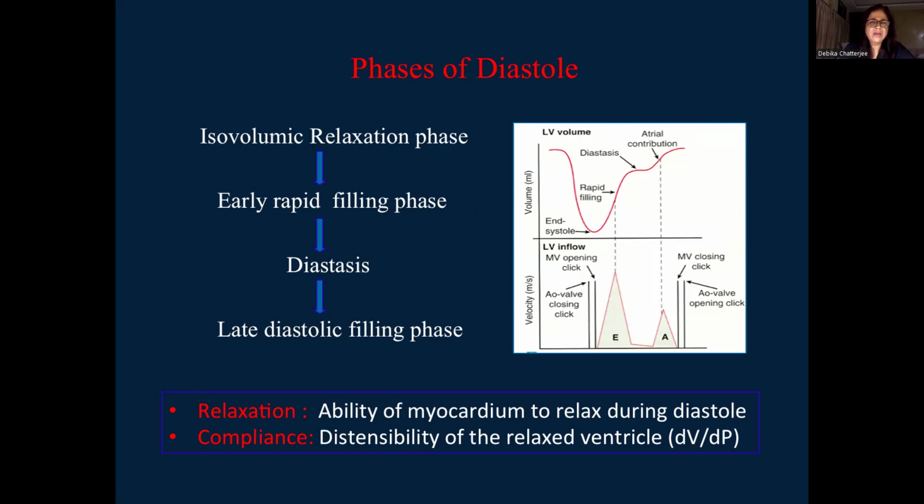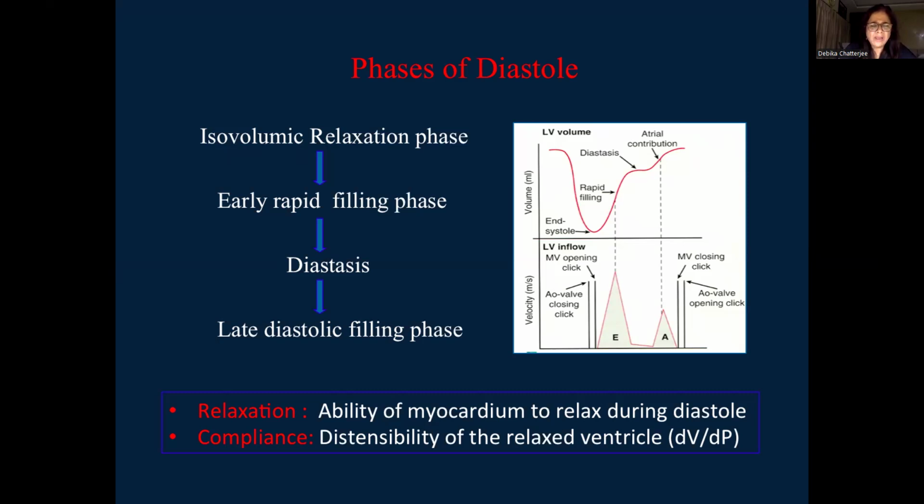It is in this phase that calcium ion is taken away from the sarcomere, as a result of which the myocardium relaxes and the LV pressure comes down. So how long will it come down?